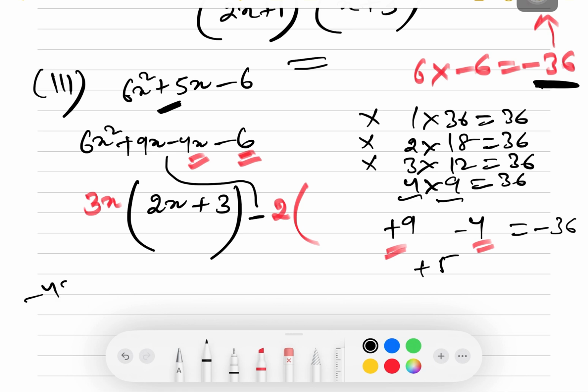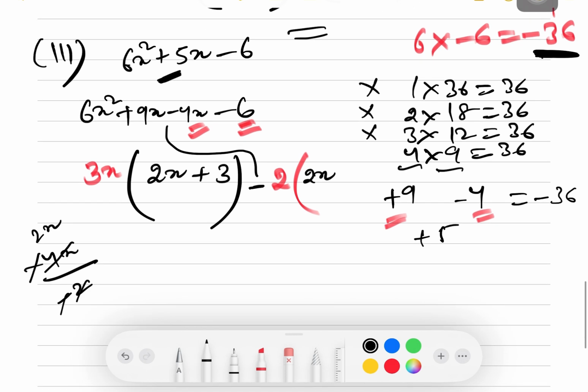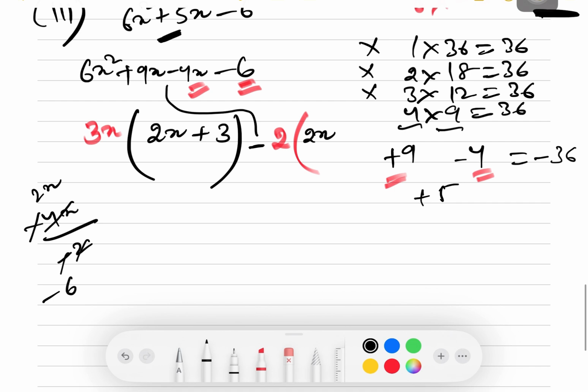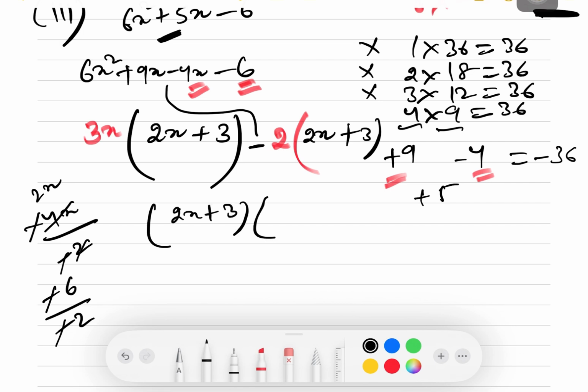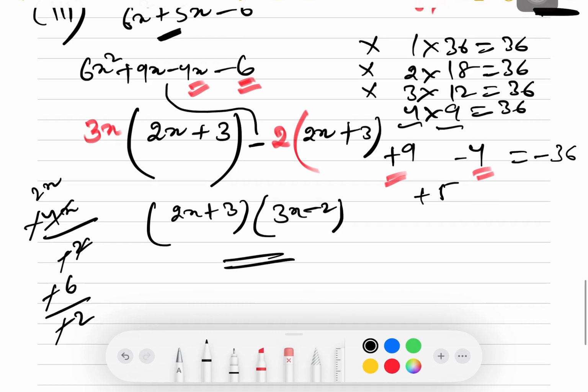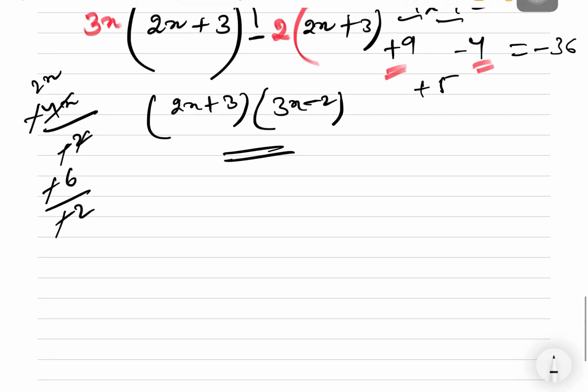Minus 4x when you divide by minus 2, which you took common, negative got cancelled, the answer will give you 2x. Now minus 6 you have to divide by the common thing, which is negative 2. So negative got cancelled, 2 3s are 6, means plus 3. So one of the factors is 2x plus 3 and another factor is 3x minus 2. Okay, this question got completed here.